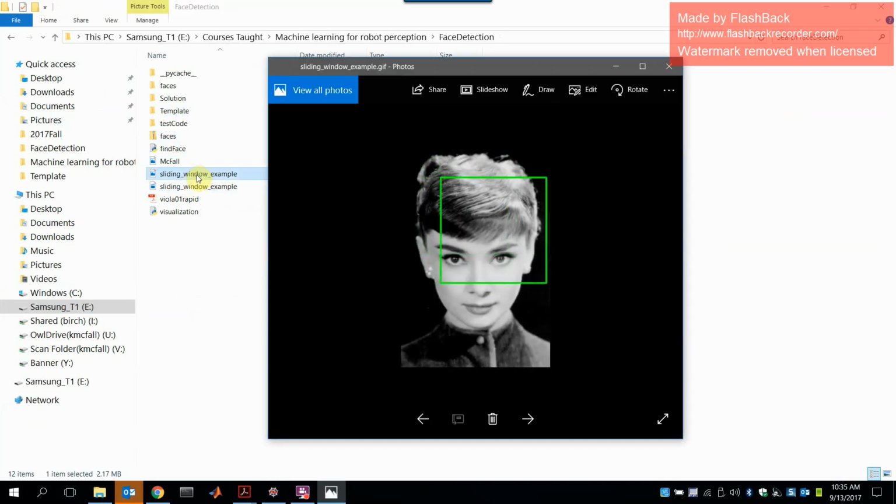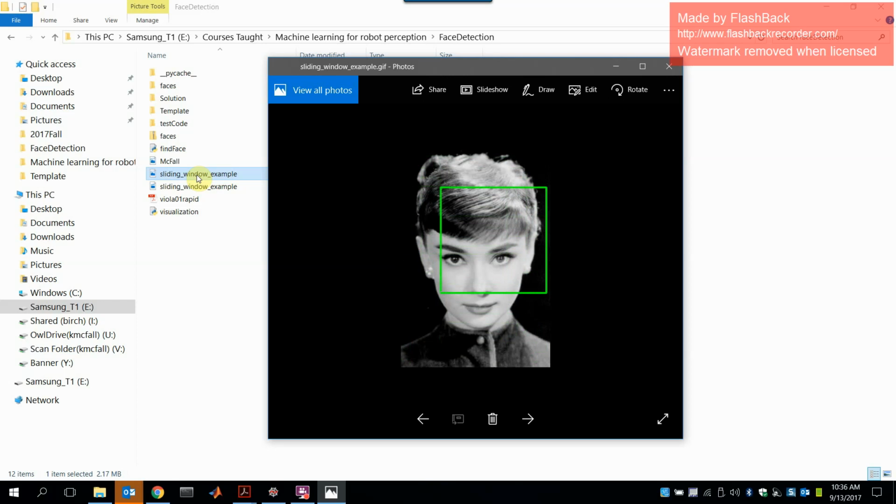Okay. So the idea of sliding window search is, when you trained on your images, you were given 19 by 19 images that are faces or not faces. When you're given an image like this, it's not already neatly divided up.